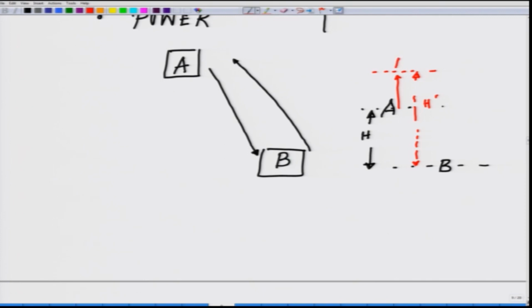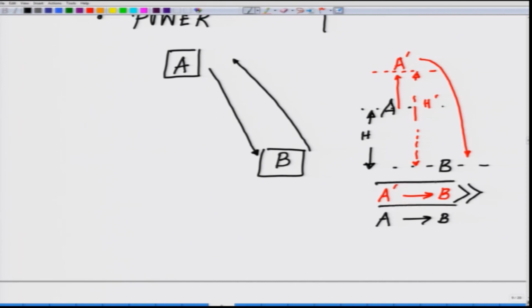So if the new A's position is here, then from A prime to B there will be more force generated as compared to A to B. The force will be far more in this situation.